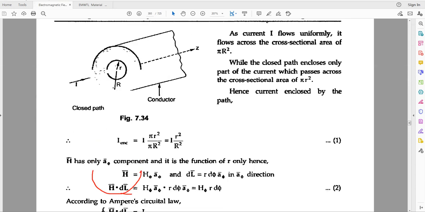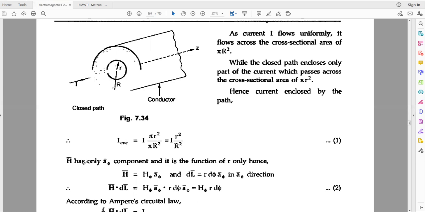So the current enclosed, with inside radius r giving pi r square and the outside radius capital R giving pi R square, is I enclosed equal to I into small r square by capital R square.